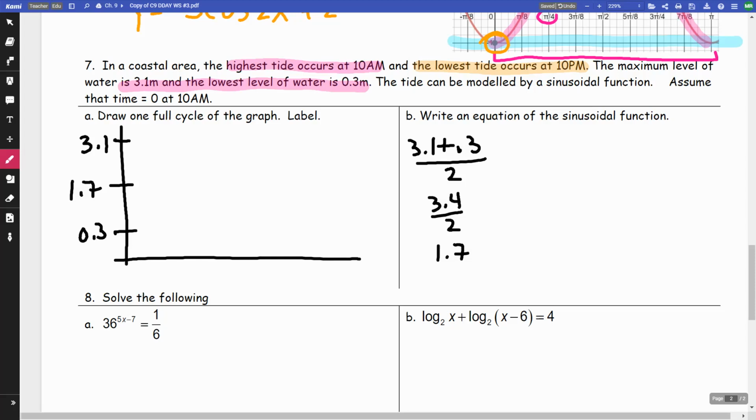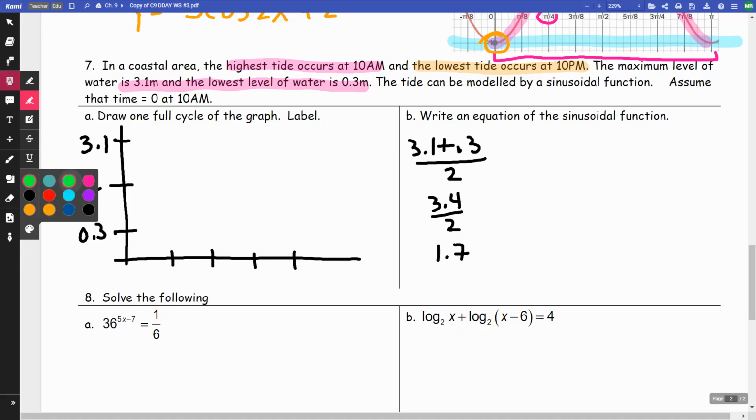And then I'm going to have 0. And then I'm going to have 1, 2, 3, 4, 5. So the first mark is 10 a.m. and that is our high, and our high is occurring. Let me just sketch this out.